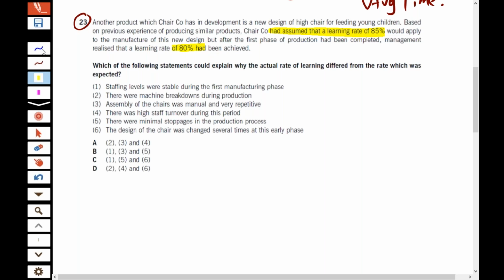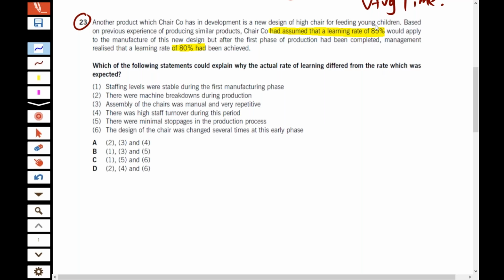Now, students, tell me, on one side you have 85%, on the other side you have 80%. Which percentage shows the higher learning rate? That's 80%. Very good, not 85%.